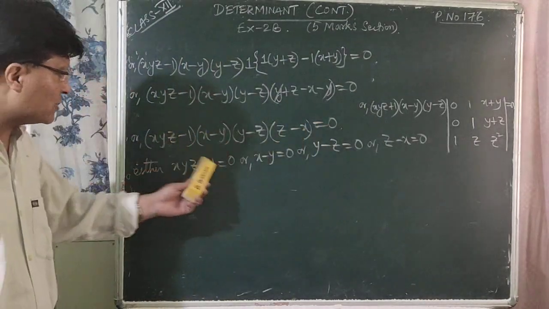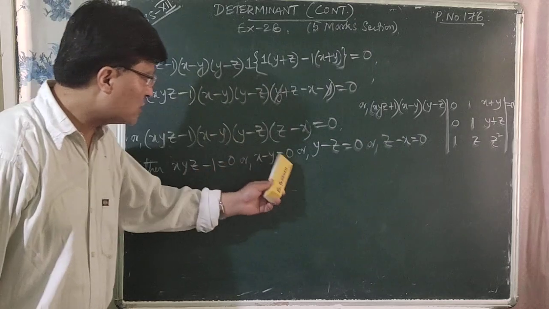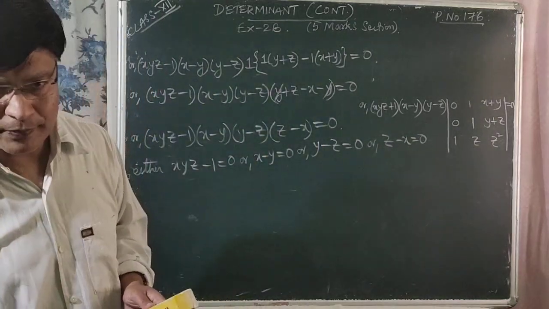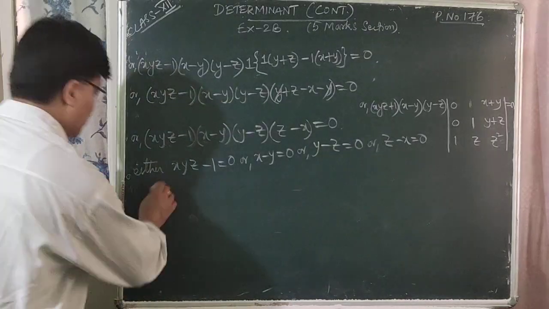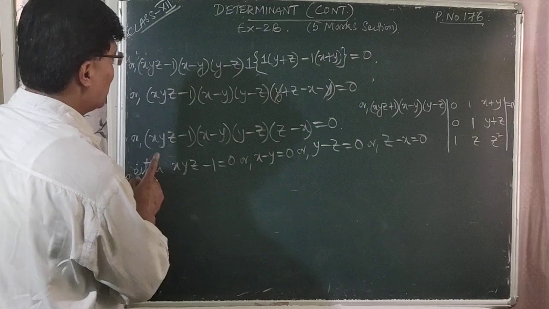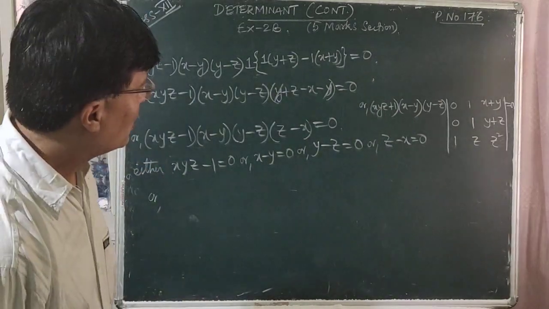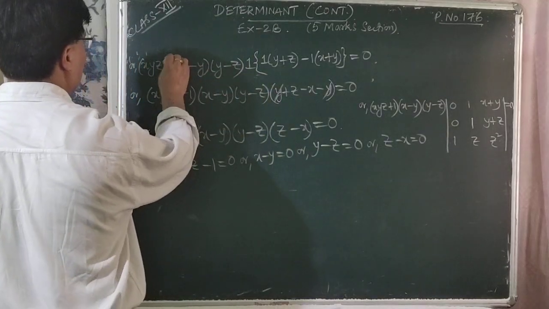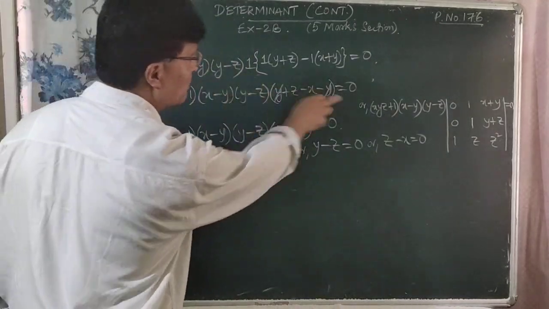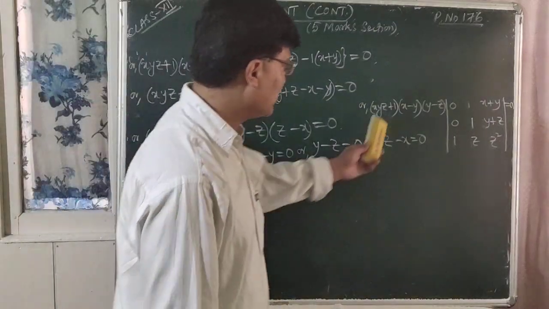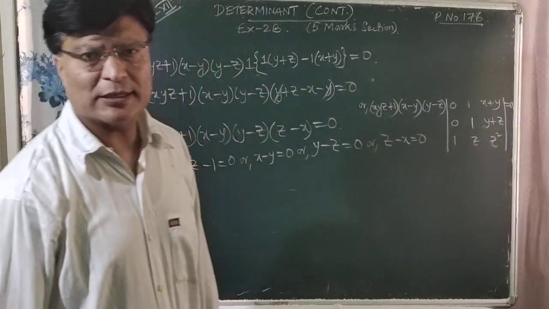So either first factor is equal to 0, or second factor is equal to 0, or third factor is equal to 0, or fourth factor is equal to 0, right? So xyz plus 1 is equal to 0. Oh, sorry, it should be plus 1. xyz plus 1, right? Because this is xyz plus 1.